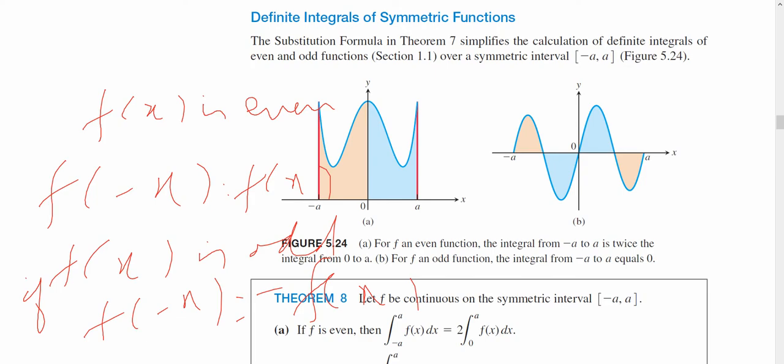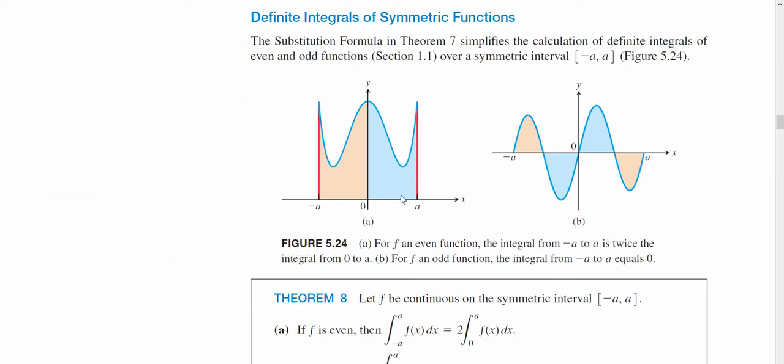Now keeping this definition in mind, this is the graph of an even function and this is the graph of an odd function, right?